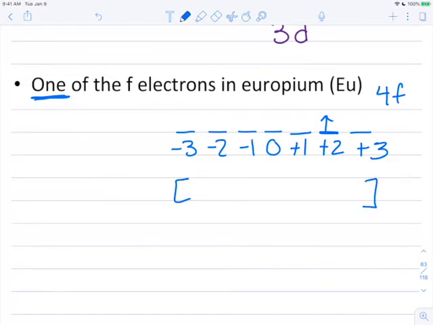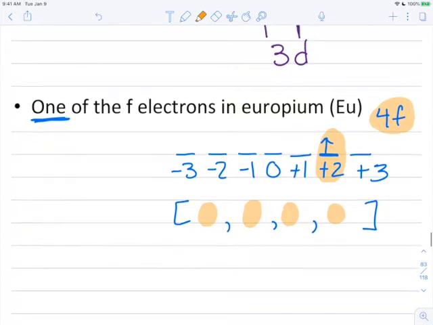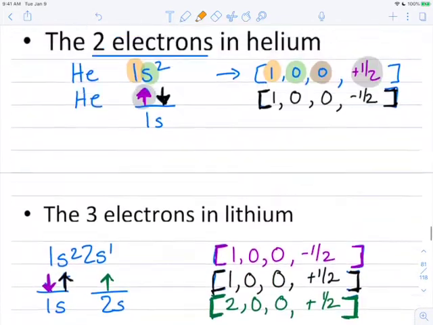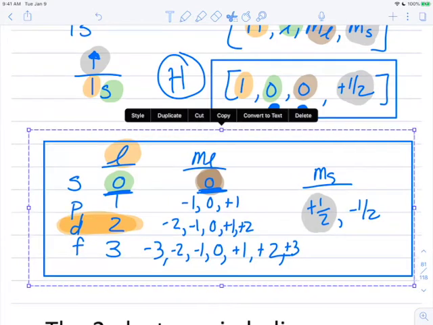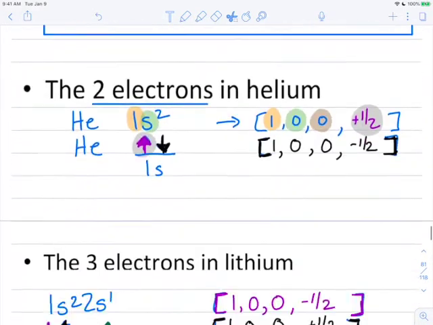So now I want you all to take a moment, and you have 4 quantum numbers to put in here. These are the 4 F's. This is where we've chosen to put our electrons. And just to help you out, let me squeeze back up here for a moment. I'm going to copy this down so you have it to look at while you're working.